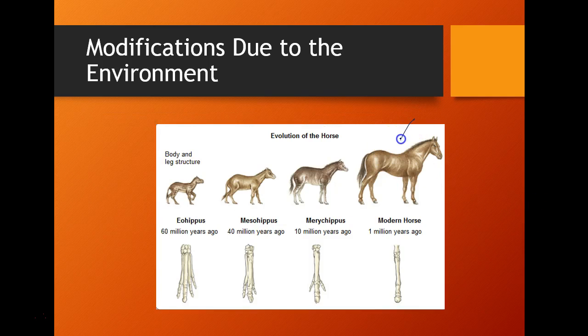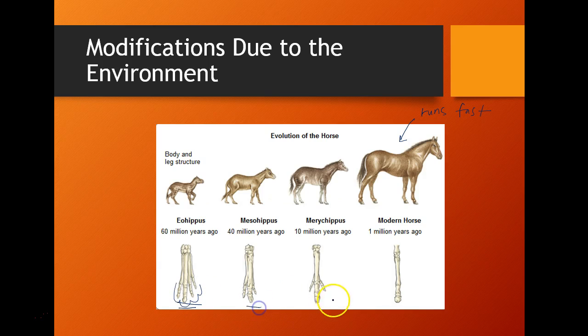So this is the horse that we know today, and some advantages that a horse has is that it runs fast, right? And so you see that its leg and body is changing over millions of years to accommodate for this great adaptation of running fast. We see that at first it has prominent toes, right?